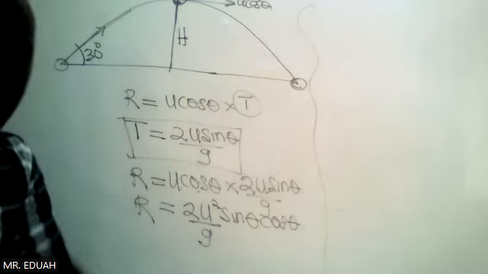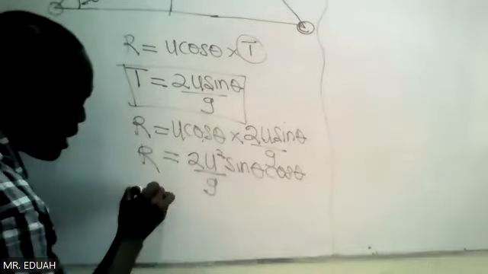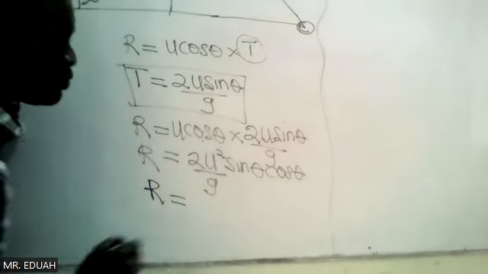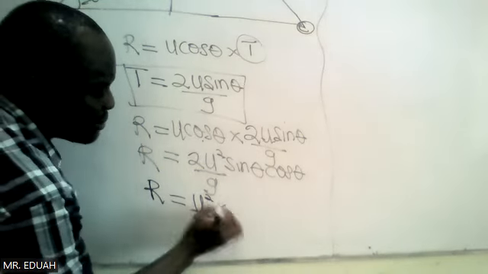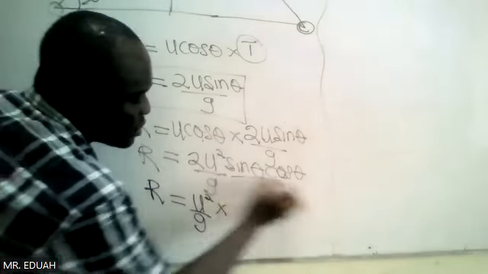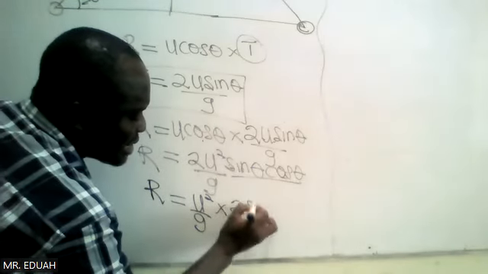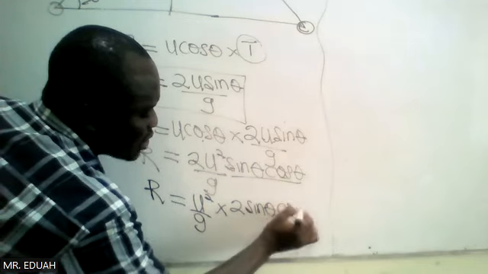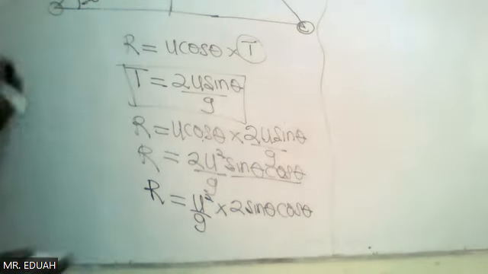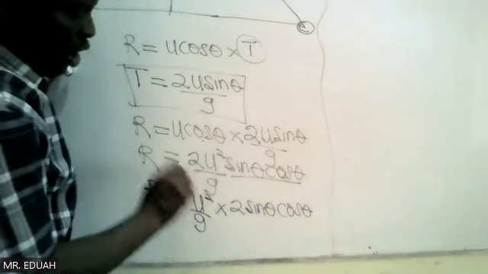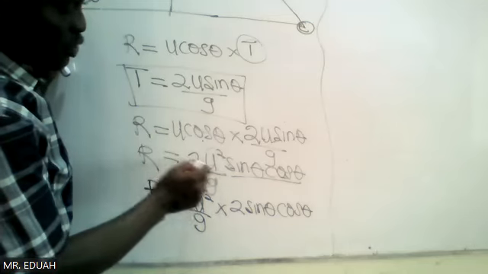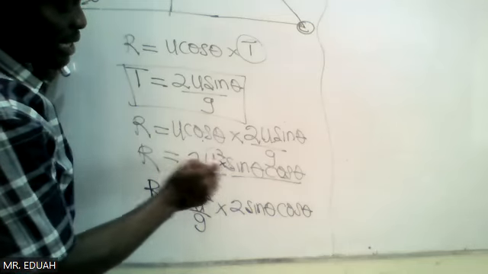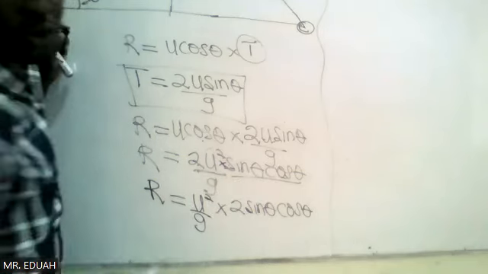Now I can still make this simpler, and this is how I'm going to do it. Range is equal to u squared over g times 2 sine theta cos theta. All that I've done is repeat u squared divided by g, but this 2 comes over here to multiply sine theta cos theta.